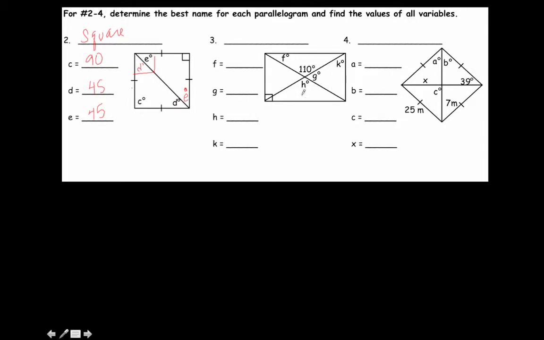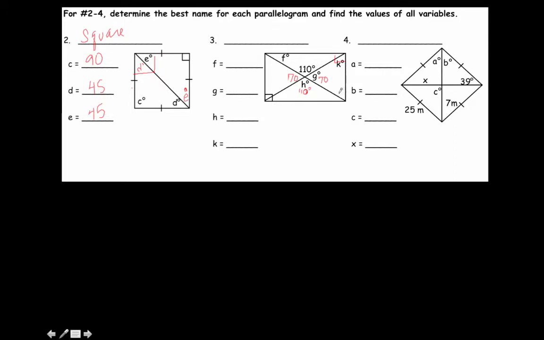Okay, this one, this is 110. So this is 70, and this is 70. Since this is 110, and this is isosceles because this is right, that means this is right.